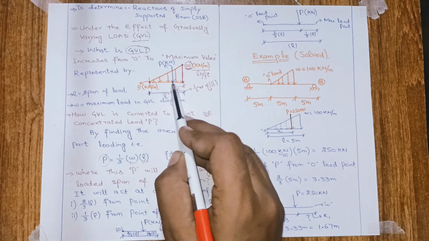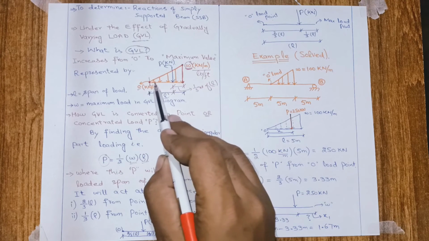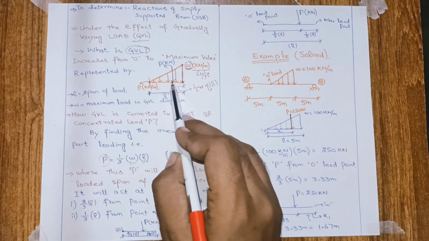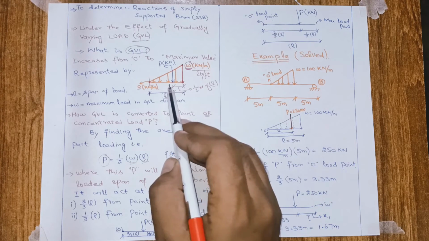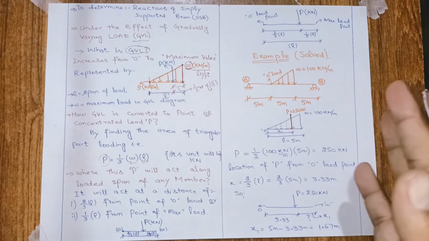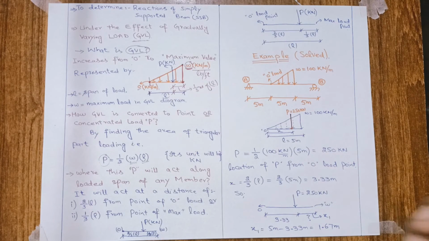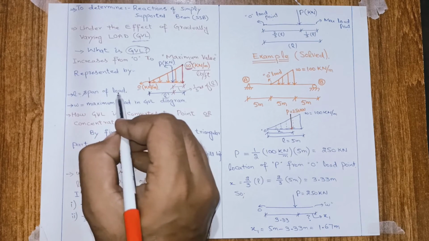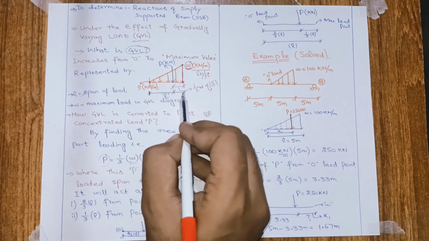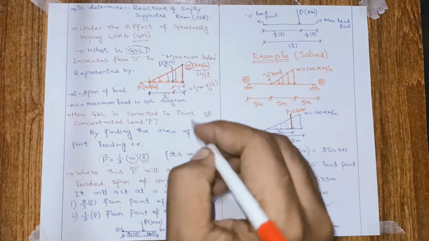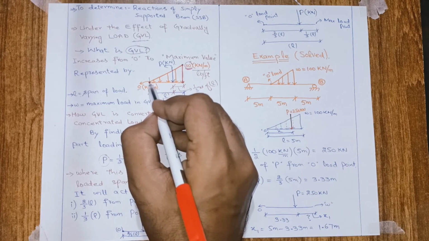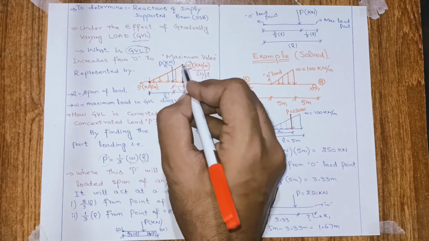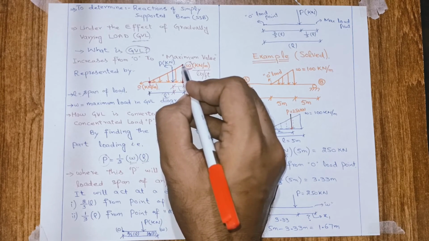It will be at a distance of 2/3L from the zero load point and 1/3L from the maximum load point. L here does not mean the length of the beam. The length of the beam may be different, but small l means the span of the load, the length over which the load is acting. In other words, from the point where the load is zero to the point where the load is at its peak.